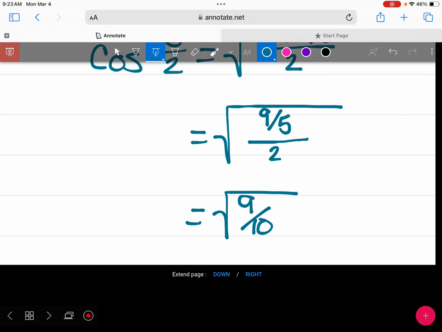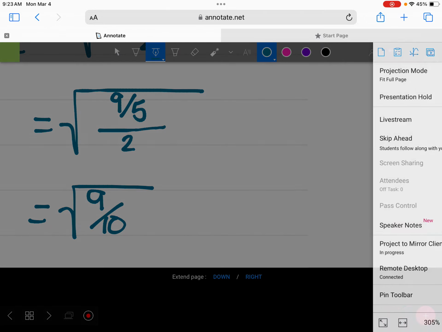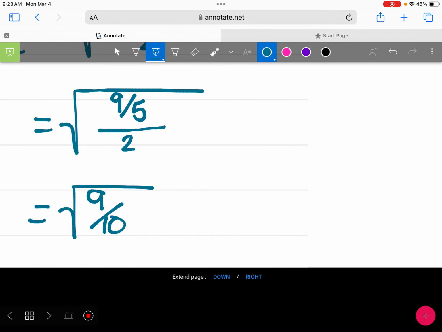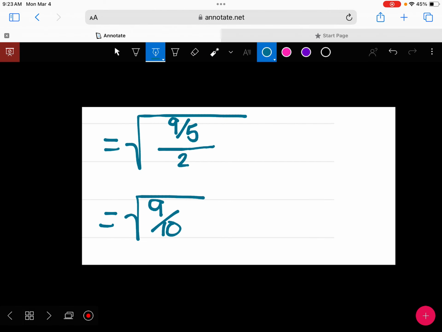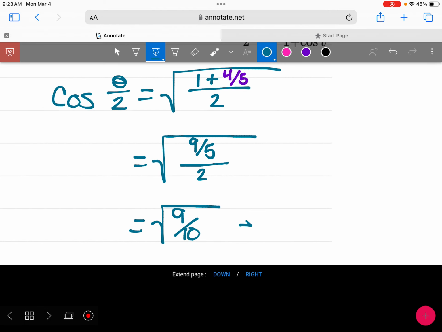This is the same thing. I'm going to give us a little bit more space, which means I'm going to change the view. I promise I'll make it so we can see. Oh, helps if I don't hold the page. There we go. Because this is the same thing as the square root of 9 over the square root of 10.